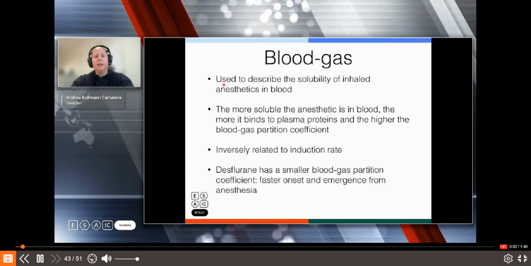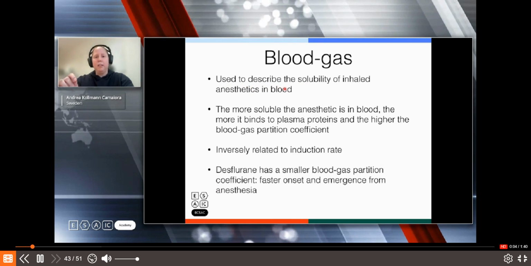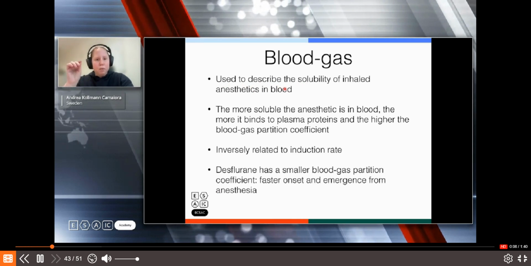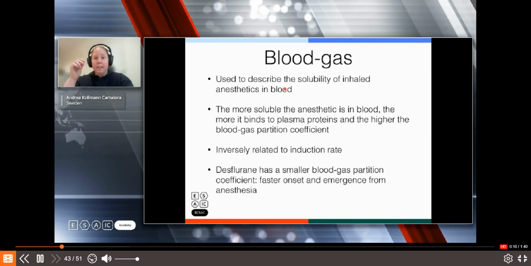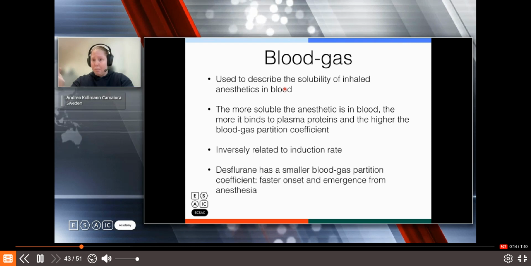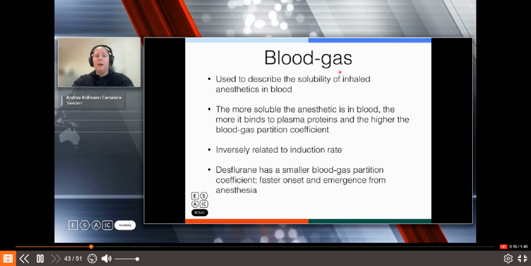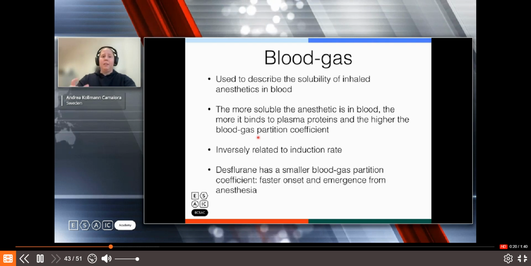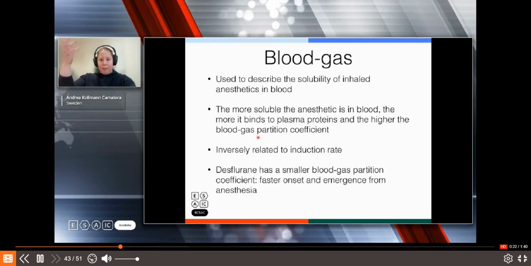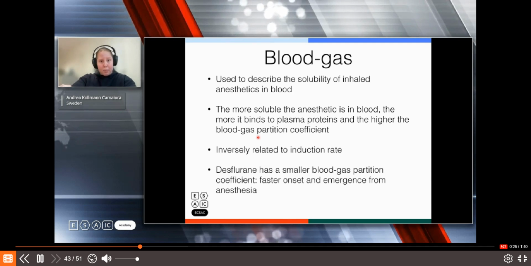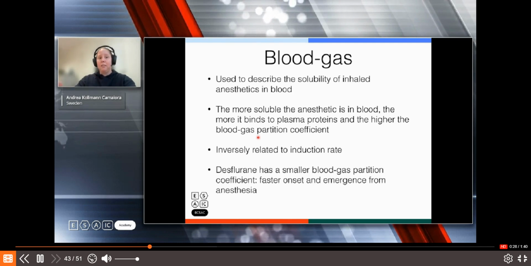So blood gas is used to describe the solubility of inhaled anesthetics in blood. The more soluble the anesthetic is in blood, the more it binds to plasma proteins and the higher the blood gas partition coefficient. So if the gas is very soluble, it dissolves in the blood, it binds to plasma proteins, and then it's useless.